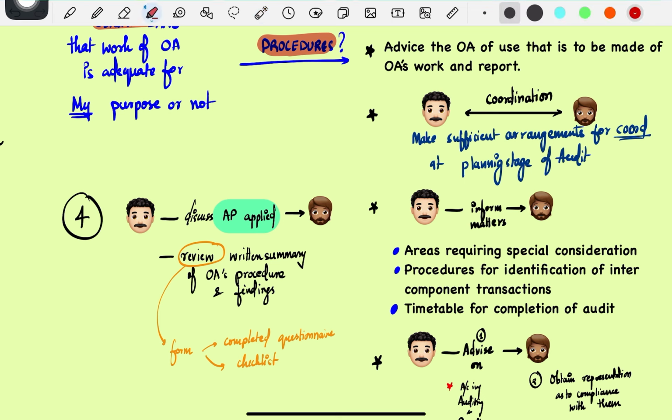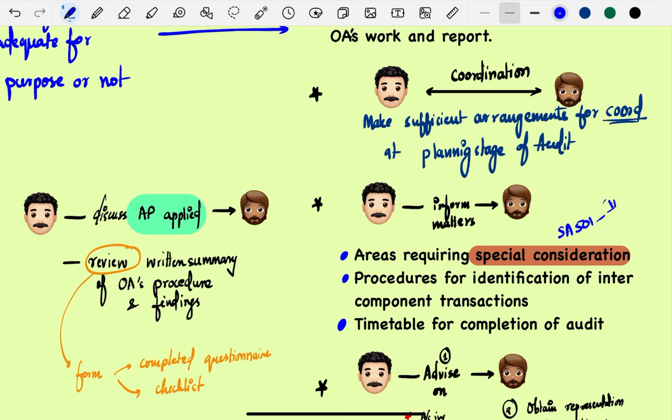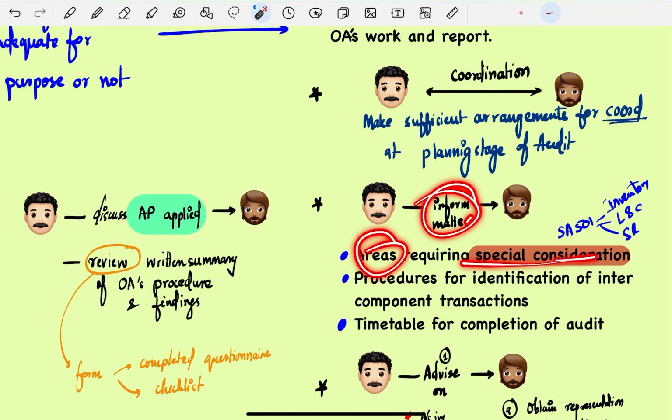If you read SA 501, it covers items that require special audit consideration like inventory, litigation and claims, and segment reporting. So the Principal Auditor will inform the Other Auditor of matters regarding areas requiring special consideration.